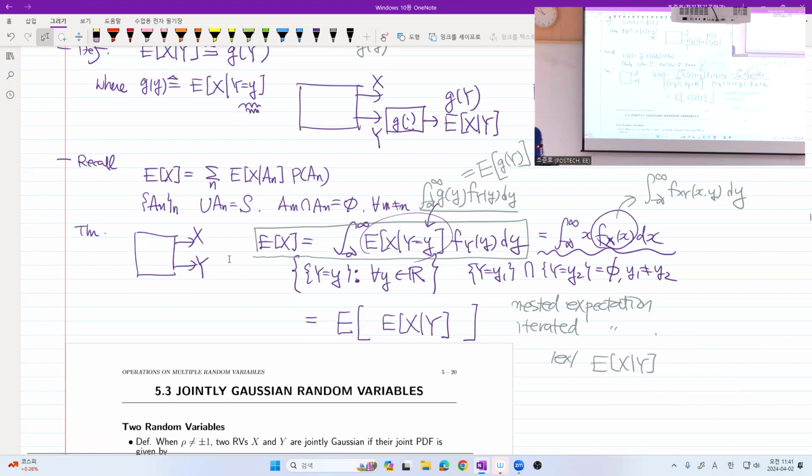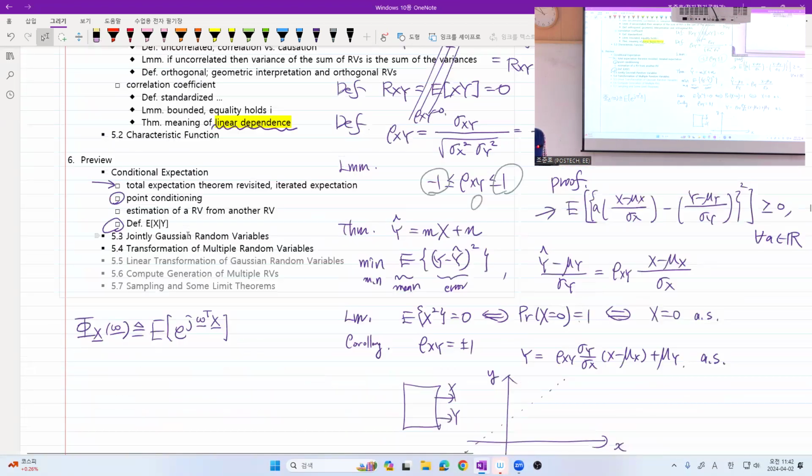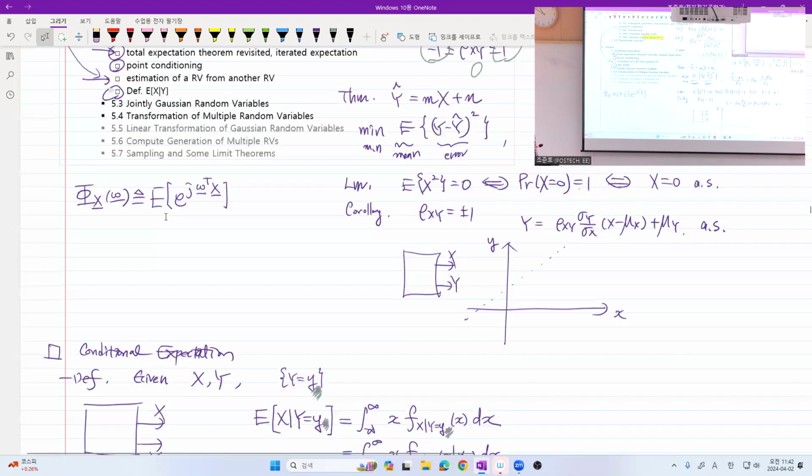Anyway, so I believe we are done with the missing parts. So we've covered this one. And this part is actually covered already by this correlation coefficient related one, half of that. And I hope we have time to talk about mean squared error estimation. Okay, question.